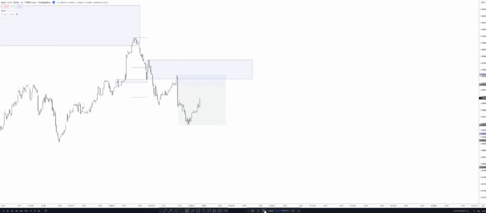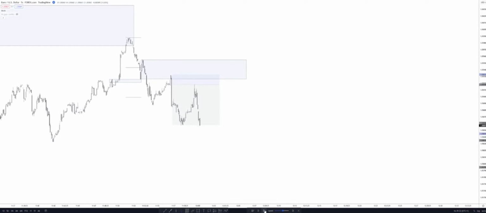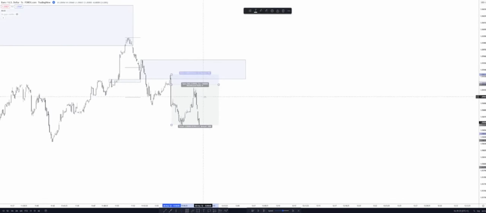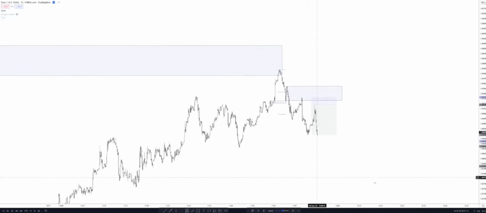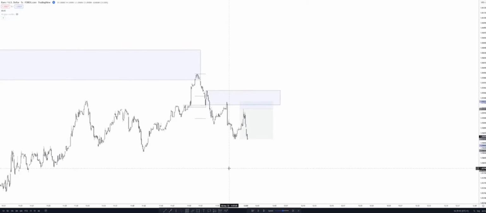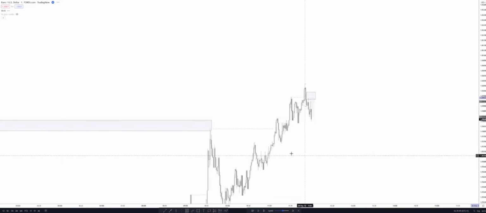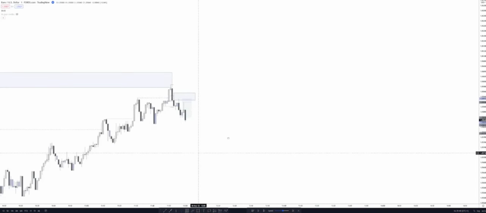Would this have tagged you in? Possibly, barely. But yeah, that would be the trade. That would be the initial change of character trade right there.